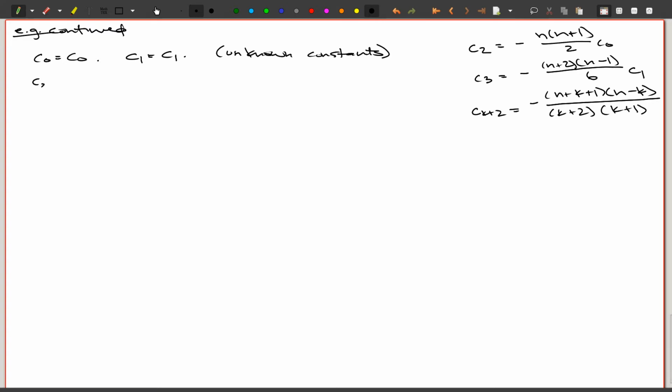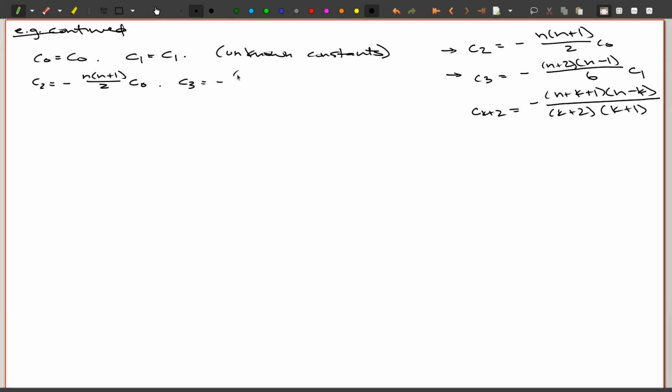But after this point, we should be able to solve for each thing that we find. So now we're at c sub 2. And I have this equation right here that tells me what c sub 2 is. It's just going to be minus n times n plus 1 over 2 times c sub 0. And then c sub 3, I'll be able to get from this equation right here.